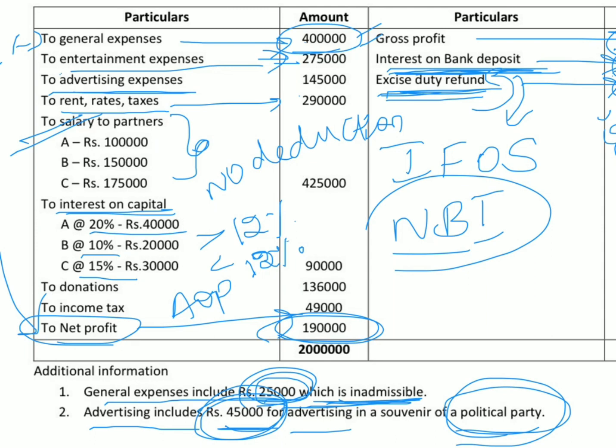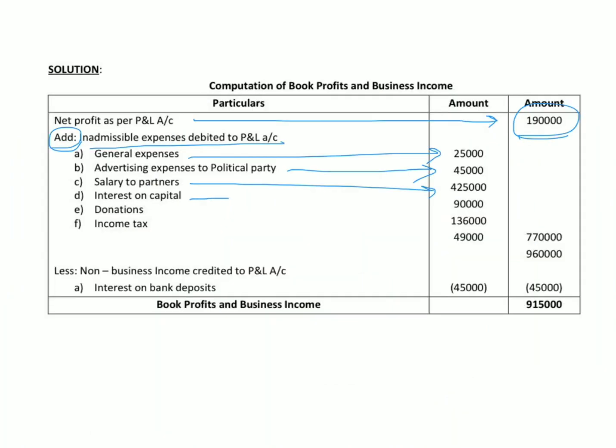That is why we will consider the complete 90,000 as inadmissible expense of the firm. We will not consider only the extra value greater than 12% as inadmissible, but we will consider the complete value as inadmissible because there is no deduction given to association of persons. So the complete 90,000 we have considered here.